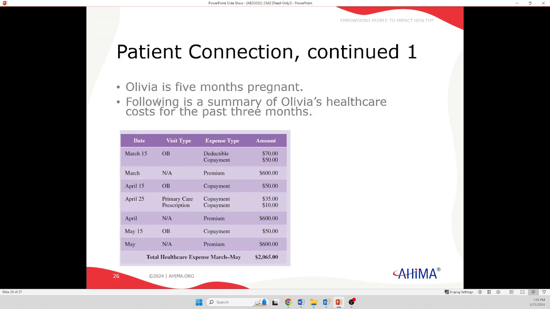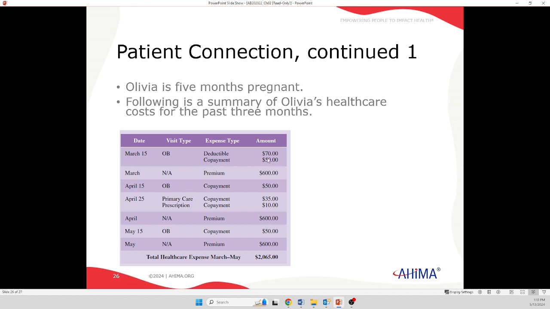So Olivia is 5 months pregnant. Following is a summary of Elizabeth's health care for the past 3 months. On March the 15th, she paid for an OB visit.